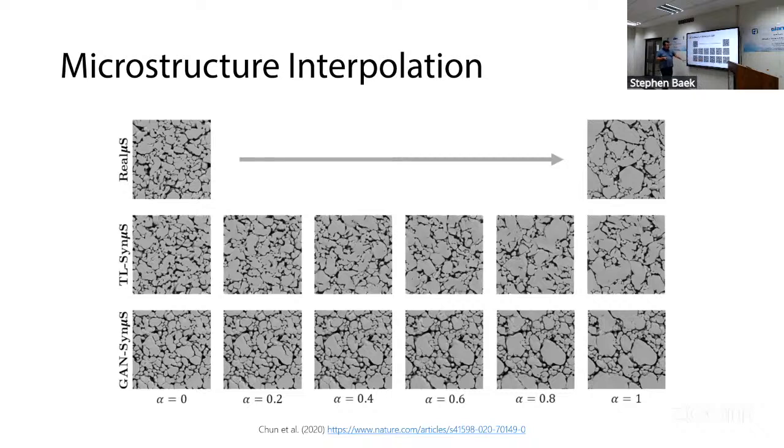Let's call them Z0 and Z1. And by interpolating Z1 and Z0, you can produce in-betweens. As you can see from this visualization here, we're morphing this synthetic microstructure into this one. So gradually it changes, like this.